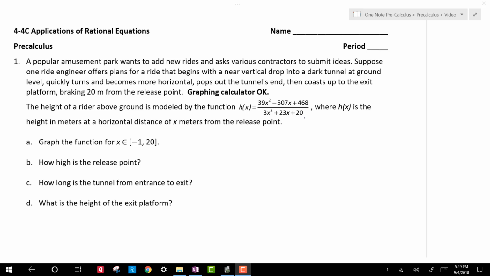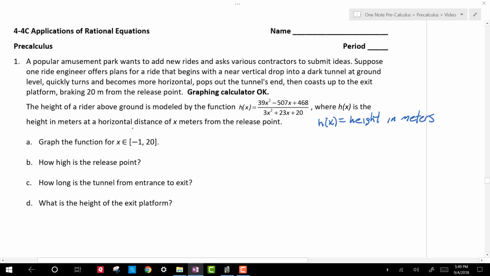It doesn't look too pretty, does it? Where h of x is the height, so we know that h of x equals height, so we definitely want to keep that in mind. H of x equals height, in meters. Alright, so that's an important thing.